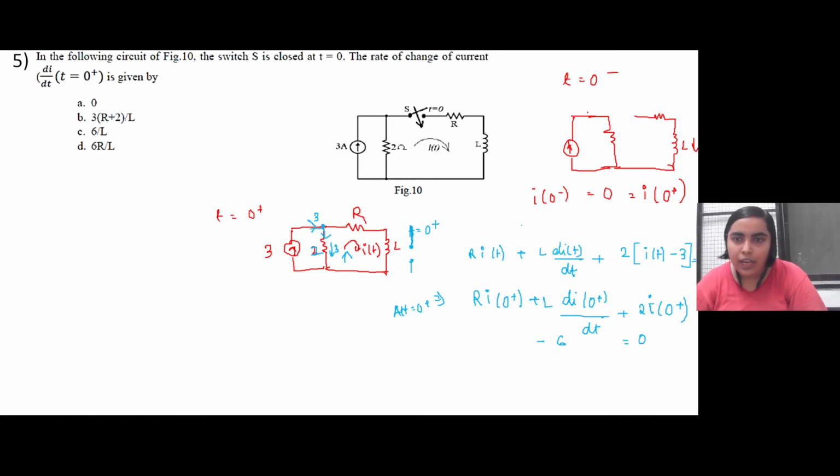Now we already have I of 0 plus to be equal to 0, right? So it will be 0 plus L di of 0 plus by dt plus 2 into 0 is equal to 6 if you take it that side. So di of 0 plus by dt is equal to 6 by L, which is option C.